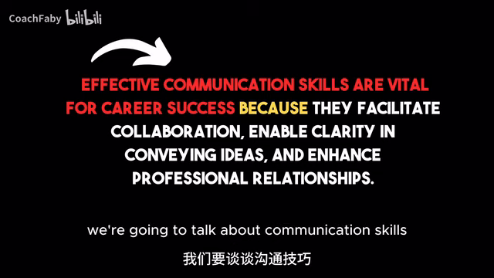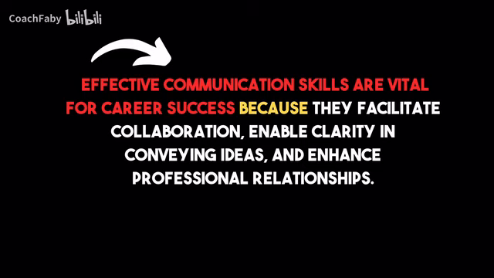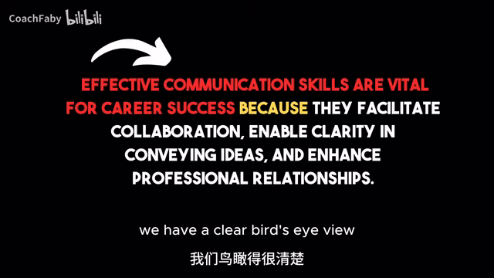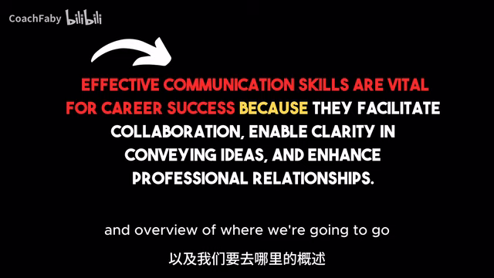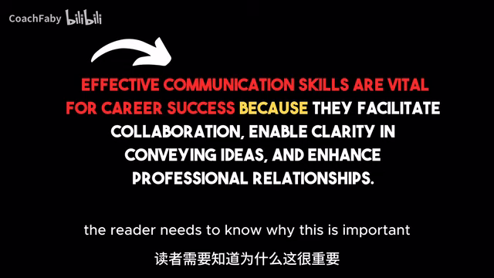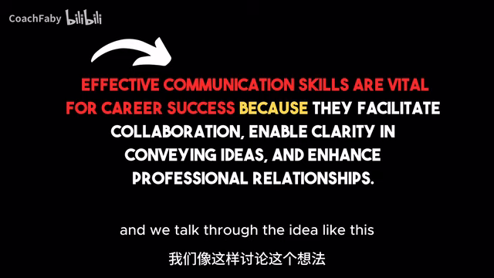We're going to talk about communication skills, career success, and the importance of effective communication. Because, why are we going to talk about that? Because it's very important for collaboration, clarity in conveying ideas, and enhances professional relationships. In the first sentence, we have a clear bird's eye view and overview of where we're going to go and why we're going to go there. The reader needs to know why this is important, so that's why we use the transition because, and we talk through the idea like this.